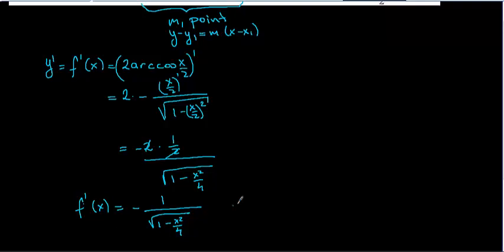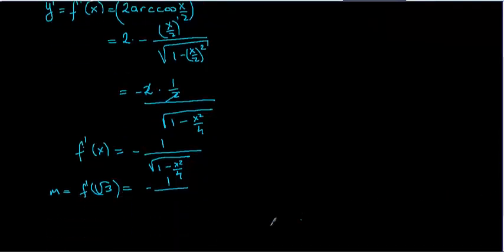Then f derivative x gives me the slope also, m is equal to f derivative of root 3, so this is equal to minus 1 over square root of 1 minus root 3 squared over 4.